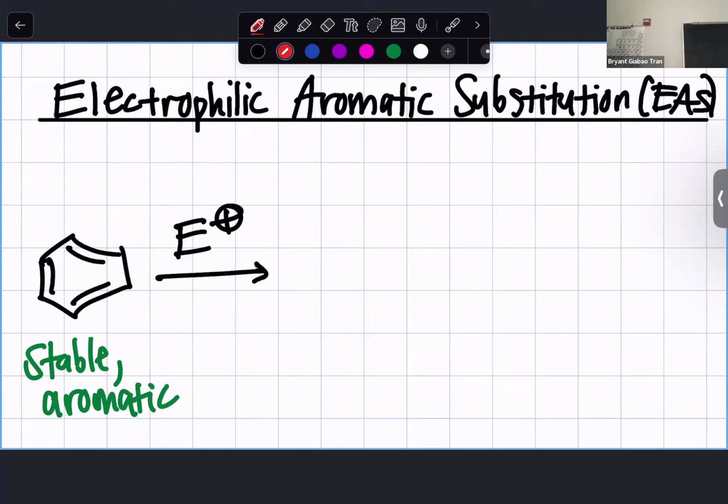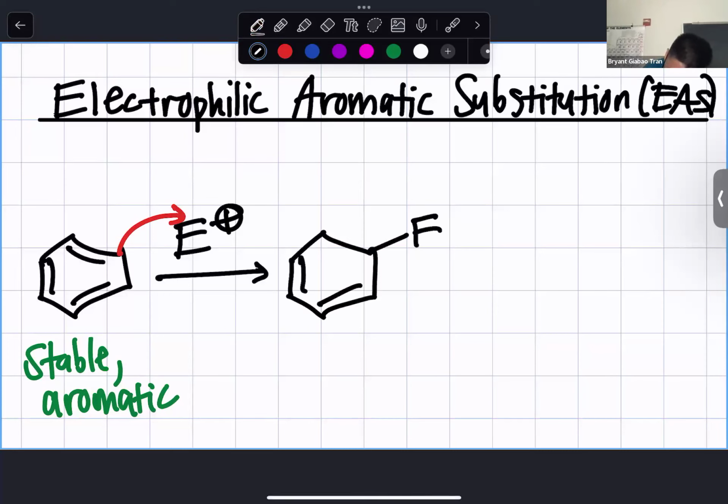nucleophilic because there are a lot of electrons from the double bonds here, right? So one of the carbons of the benzene, it doesn't matter which one, is going to attack the electrophile, right? I'm choosing this carbon here to attack that electrophile. When that happens, we have this new bond between that carbon and that electrophile.